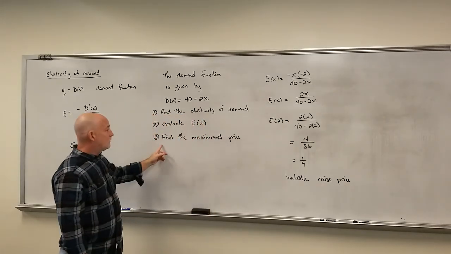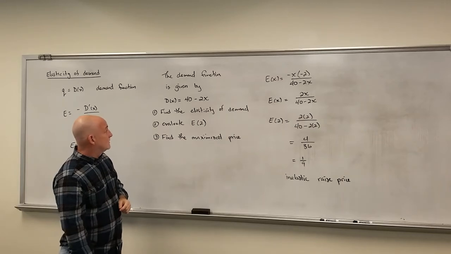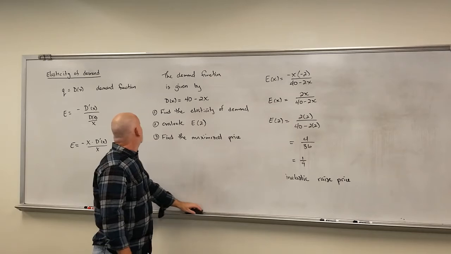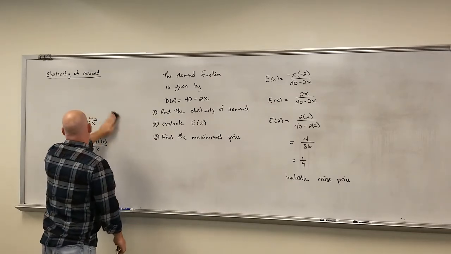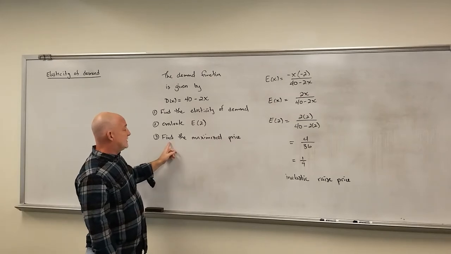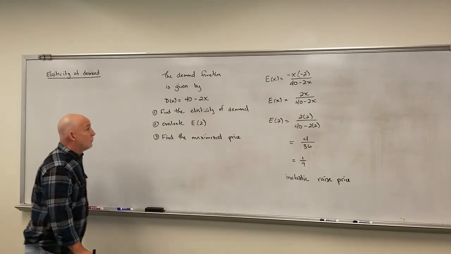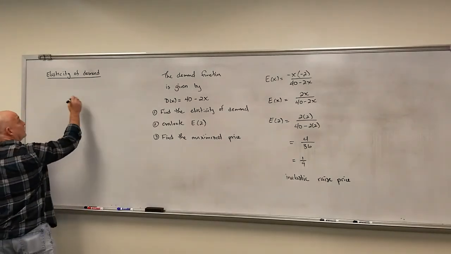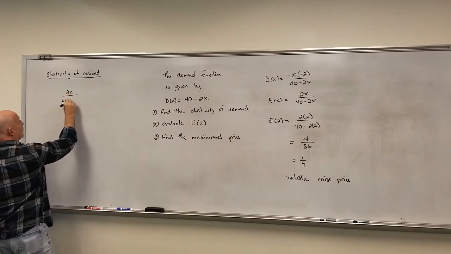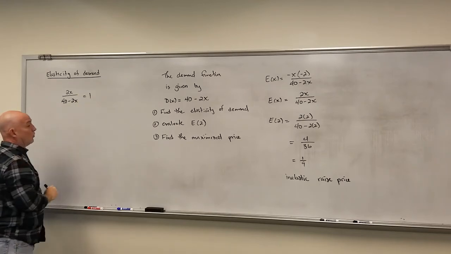So what value of x should we actually sell this for to get the maximum amount of profit? Well, we said that the maximum amount of profit happened when the elasticity was 1. So our elasticity function is, I want to know when 2x over 40 minus 2x is equal to 1.